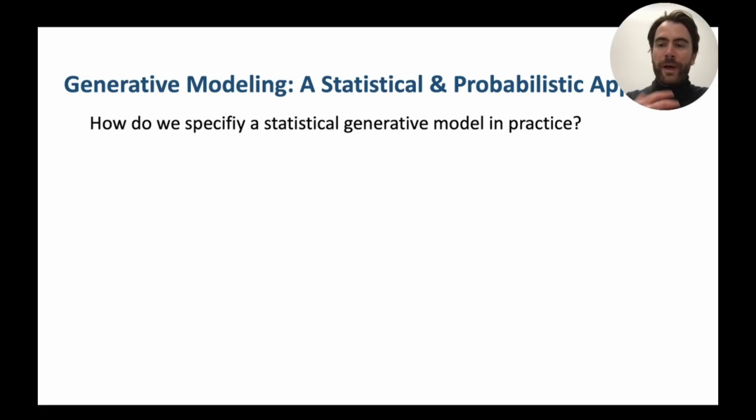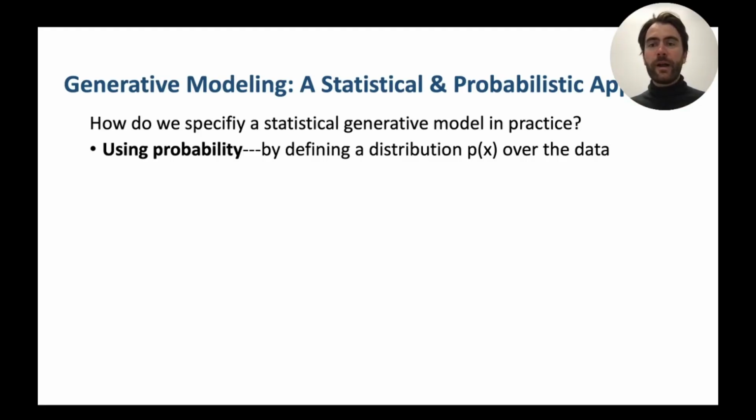Now, in order to better understand the difference between a statistical approach and a rules-based approach, let me give you an example of how a probabilistic approach might be implemented in practice at a high level. So in this course, the generator that will, for example, generate images will not look like a human engineered black box. Instead, it will be defined by a probability distribution.